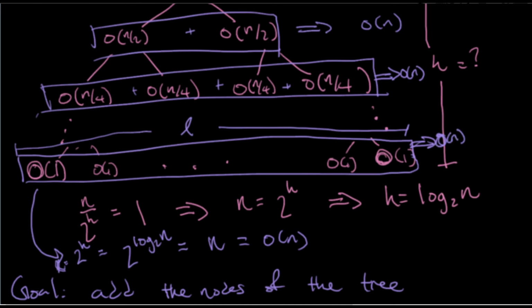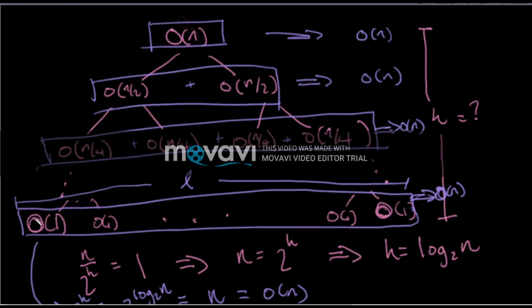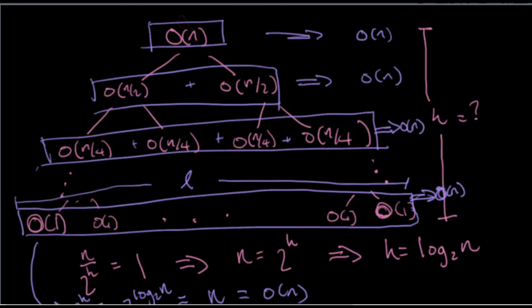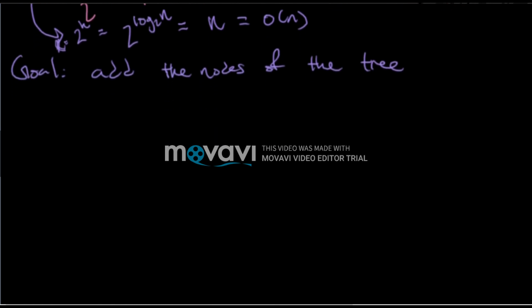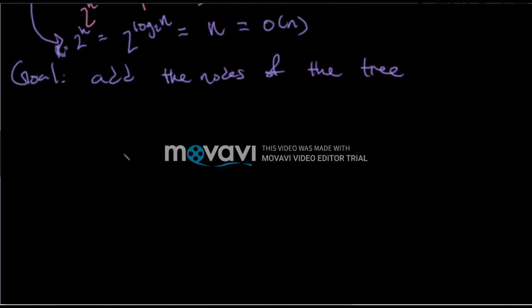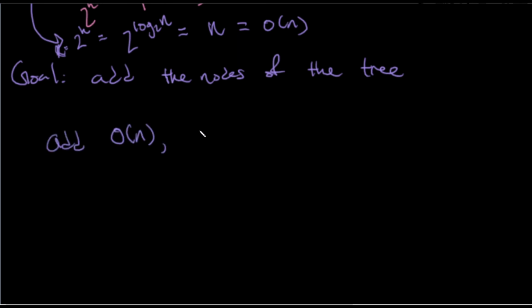And so now, whereas before we had this giant problem of how do I sum up this tree, with all these O's that we have in this tree, well, now our job just got a lot easier. We realized that at every single level we have O of n work. It sums to O of n. And so adding the nodes of the tree is now the equivalent of adding O of n.